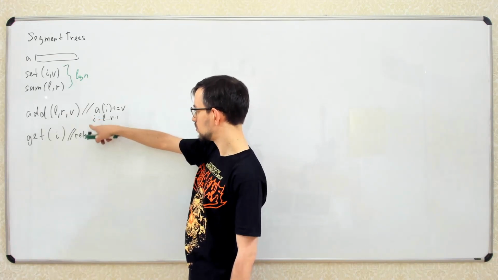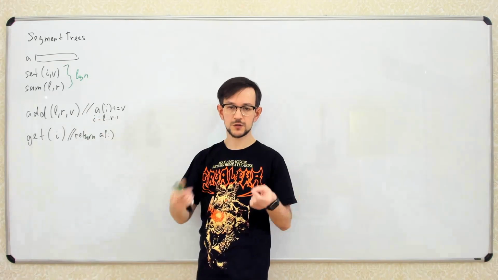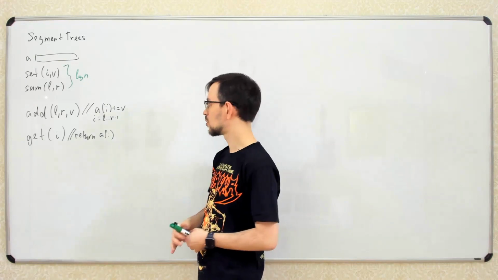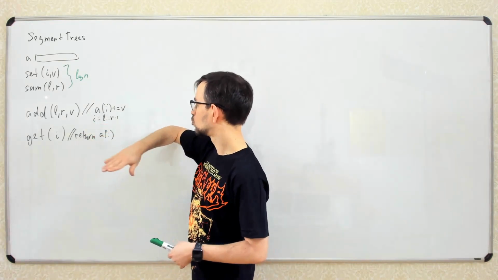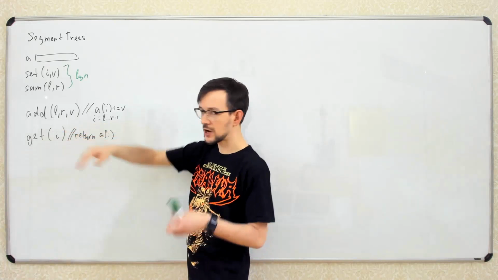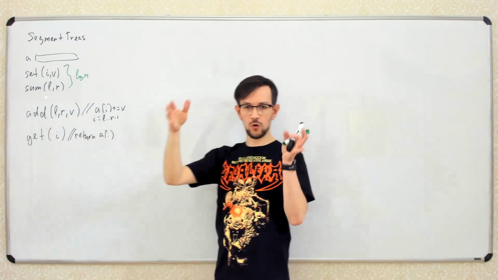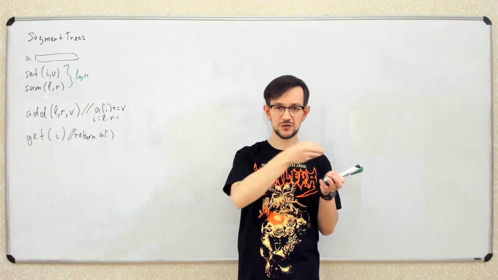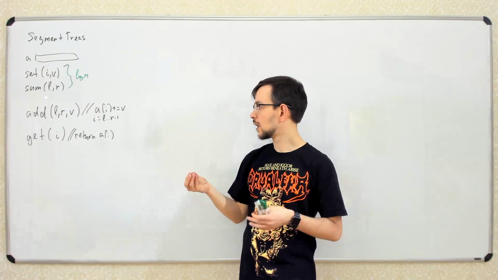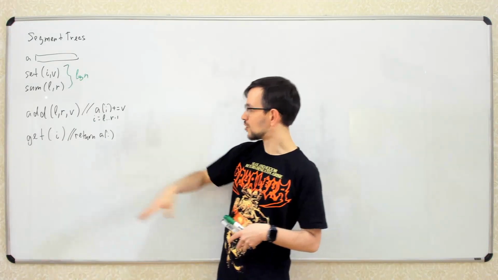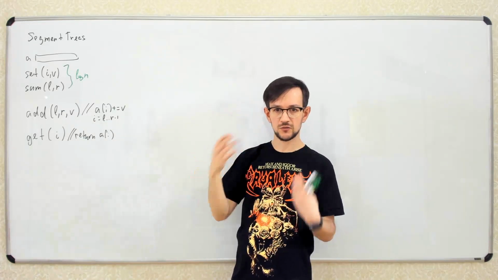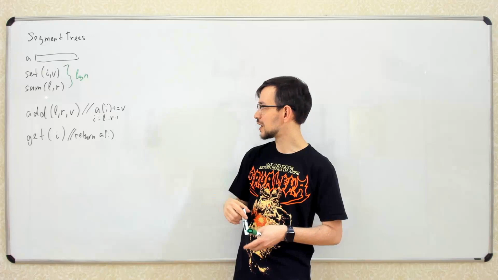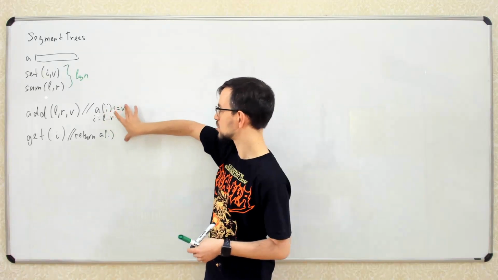But for adding on a segment, you need to iterate over all elements of this segment, so it will cost you linear time. So we want to make the operation which adds something to all elements on a segment faster than just iterating over all elements of this segment. And we also want to be able to get the current value of each element in good time. We'll do both operations in log n time actually.